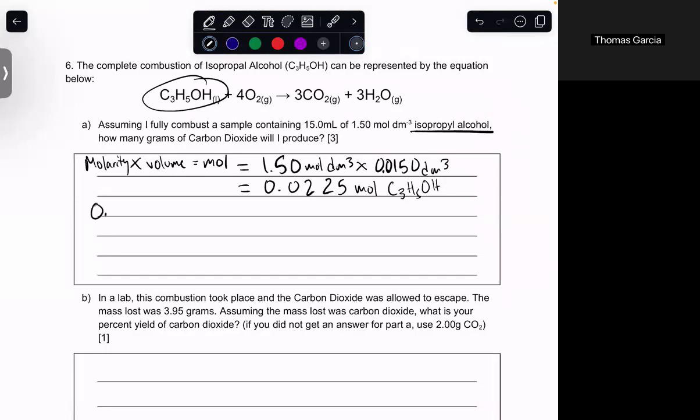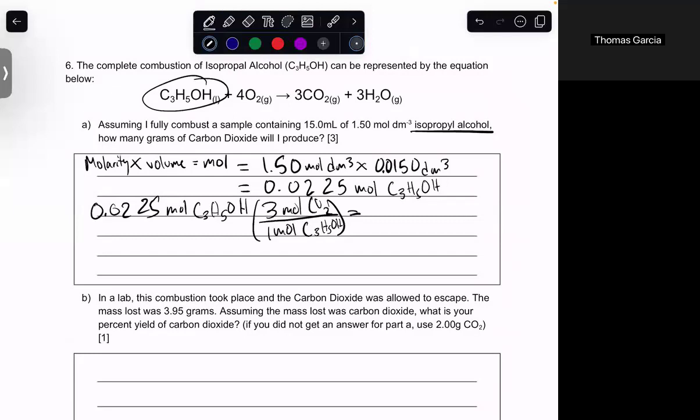I can then convert that into carbon dioxide. So we'll do my stoichiometry: 0.0225 mole C3H5OH, converting using stoichiometry into carbon dioxide, 1 mole isopropyl C3H5OH converts into 3 mole CO2.